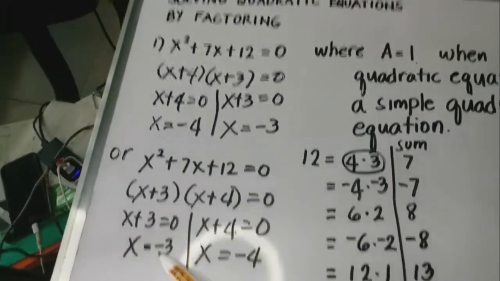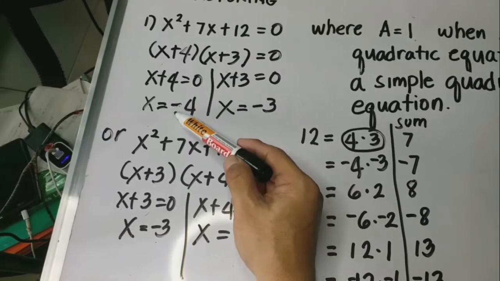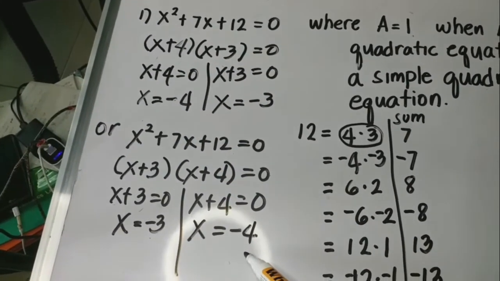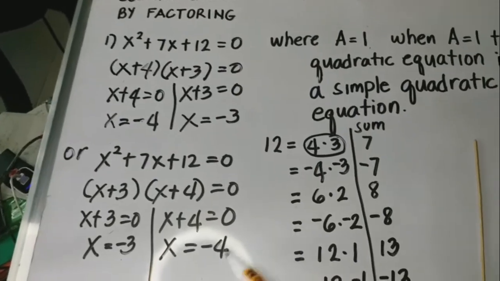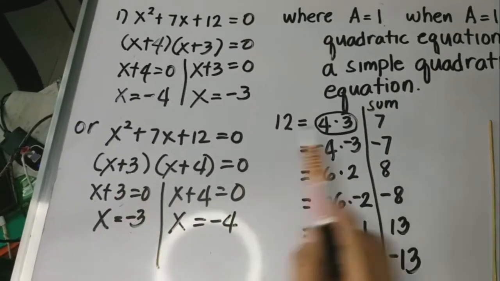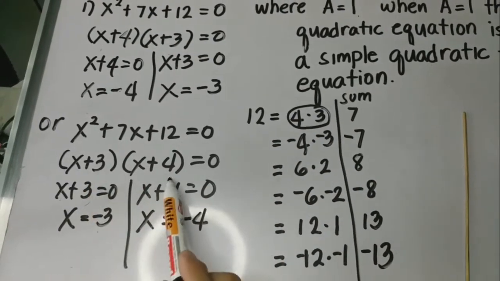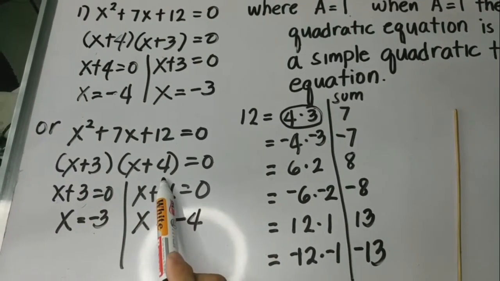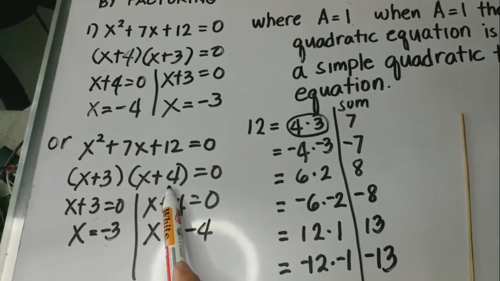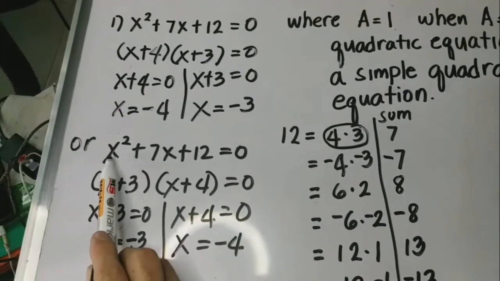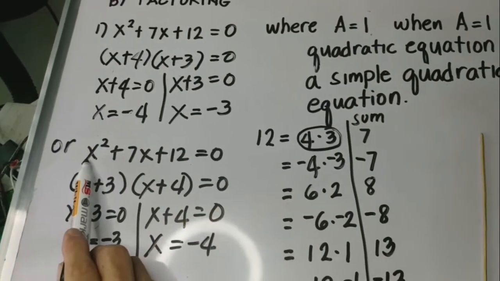We have x equals negative 3 and x equals negative 4. In other words, whether we write the factors interchangeably, we will arrive with the same answer. It is because the first term here has a numerical coefficient of 1.